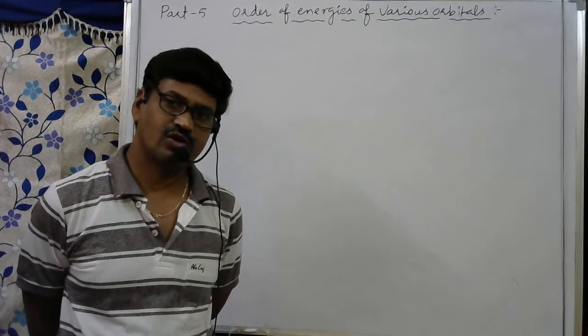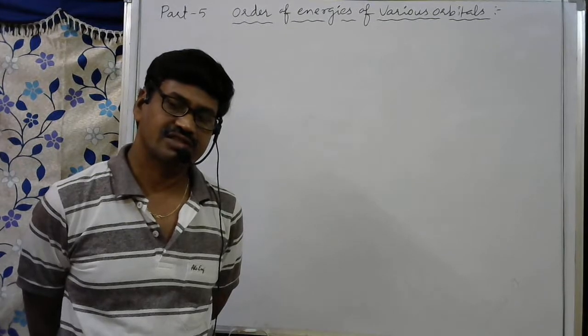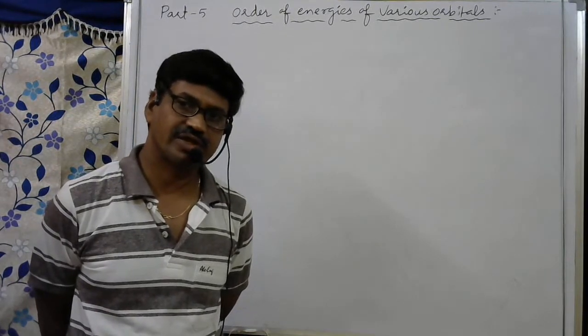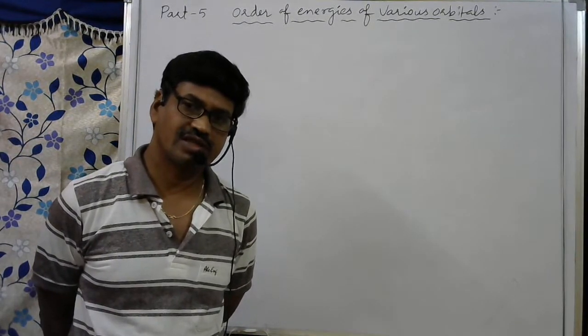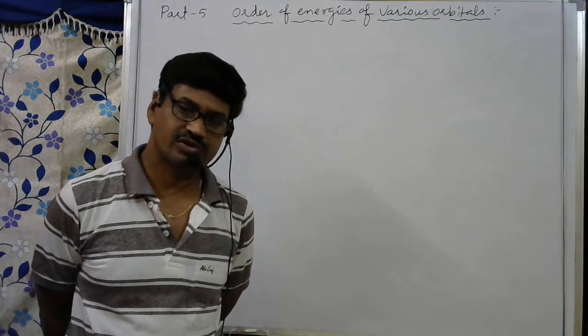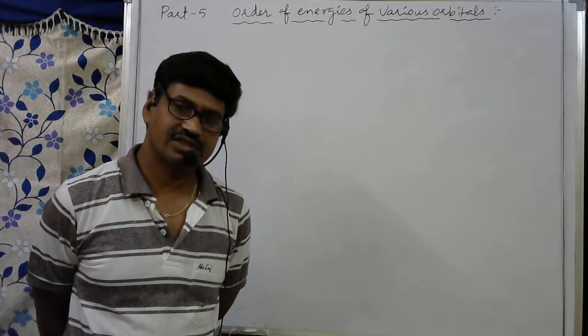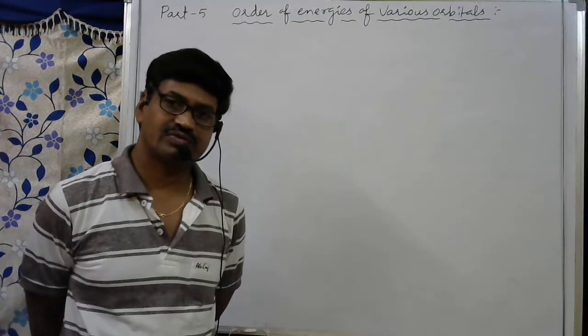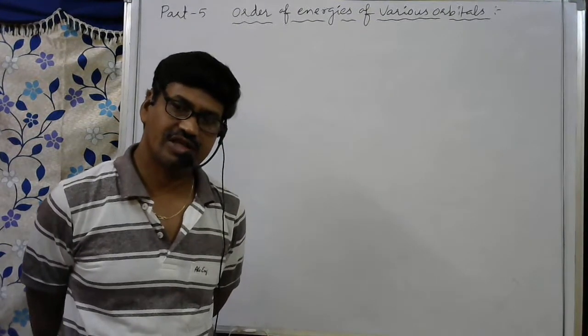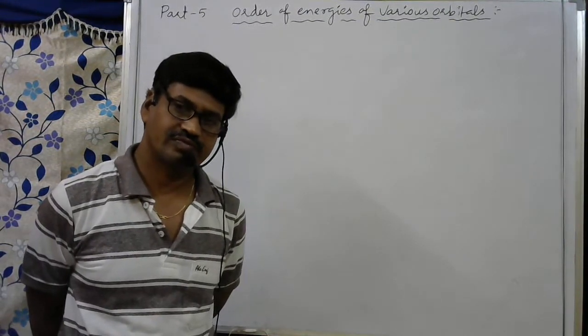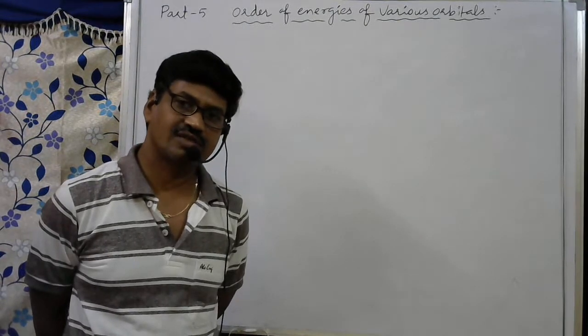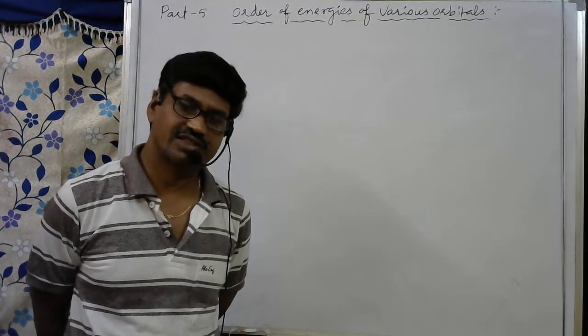If the n plus l value of an orbital is less, then its energy is also less in comparison. If two orbitals are given, the orbital with the higher n plus l value has more energy, and the other orbital with the lower n plus l value has less energy.